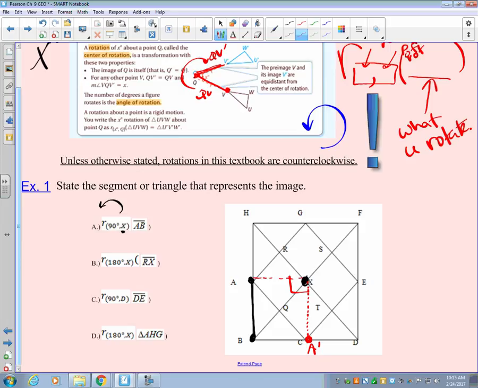And then if we swing B around as well, B would swing all the way over here. So right next to D, I'm going to put B prime. So my A prime B prime is the same as what? Yeah, it's the same as the line CD. So if I rotate AB 90 degrees, I'd end up at CD.